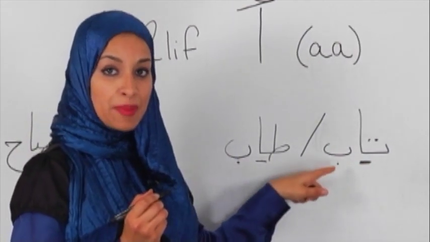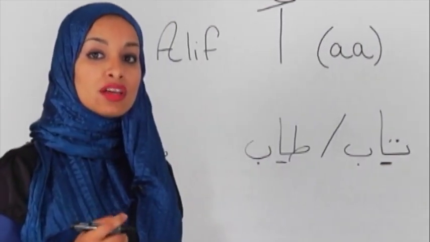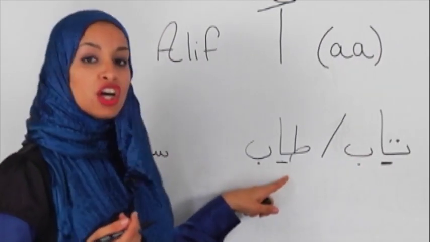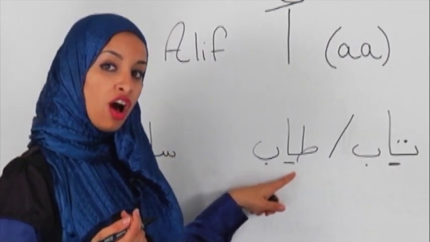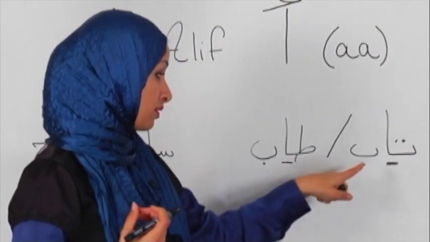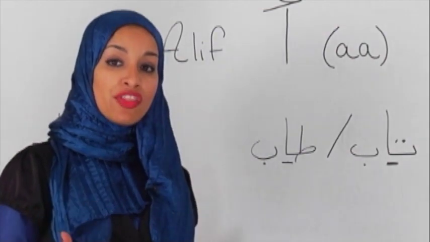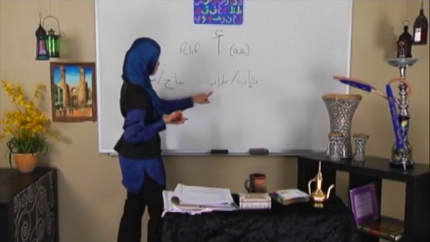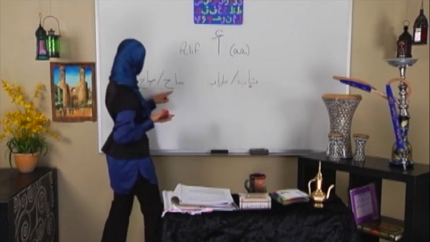Taba, taba, notice is pronounced with the frontal a, as in bad. Taba. Versus taba. Taba, the a here is deeper than this one, as in the word father. So taba versus taba. Both of them have the alif.